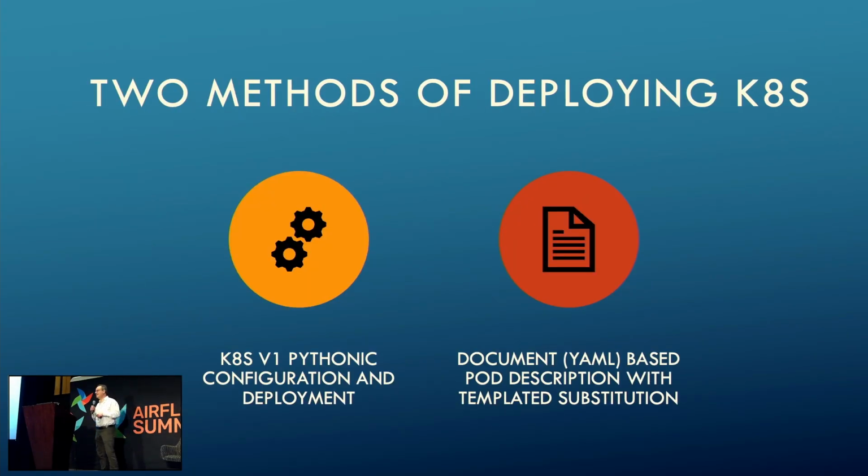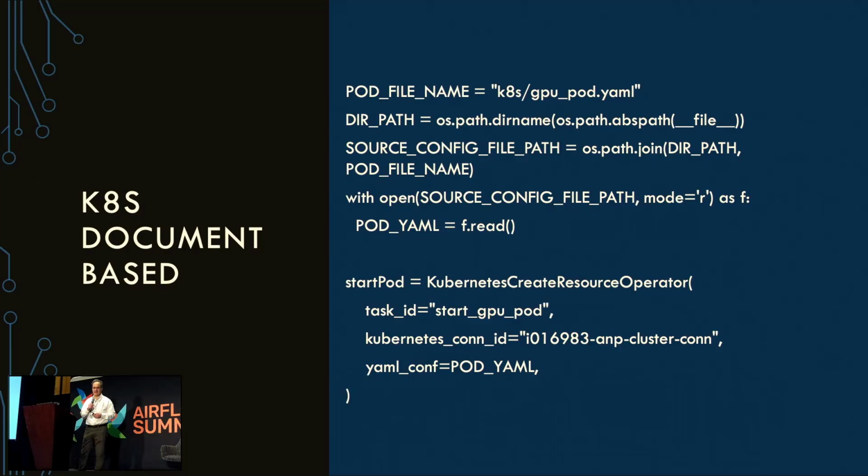We use two methods within our DAGs of doing that deployment. If any of you have done Kubernetes pod operators, you're probably familiar with these trade-offs. We do Pythonic v1 type resources, and we do document-based resources where those documents will coexist with the DAGs in the GitLab repository. So this is an example here of that K8s document-based deployment style.